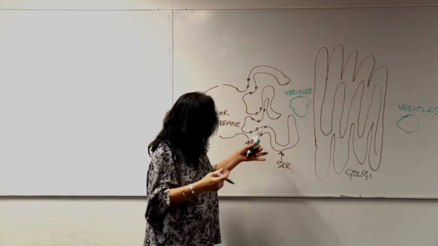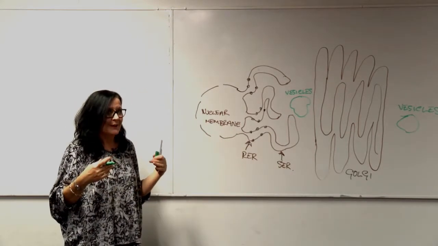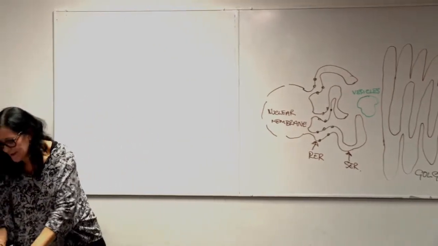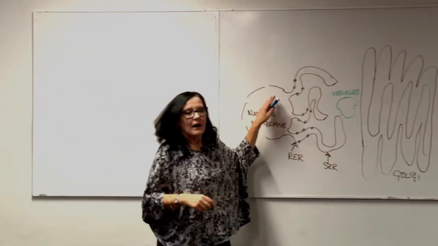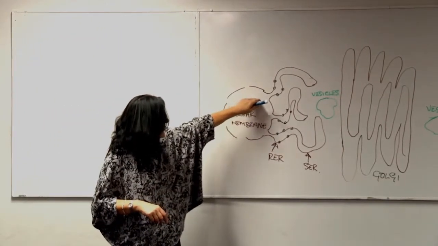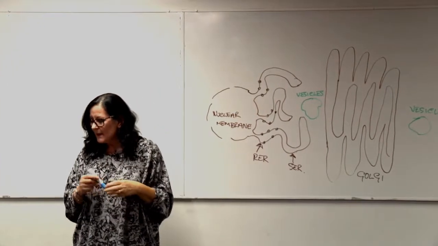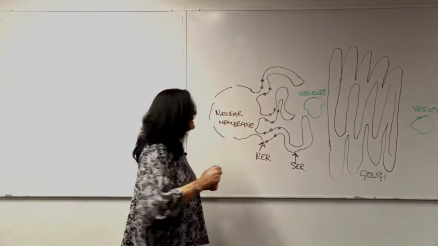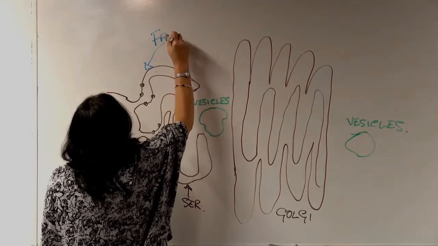Now these are all sort of membranous. They are also a bit of a commercial enterprise, if you like. Let's have a nice bright colour. Our nucleus and our endoplasmic reticulum is a bit like a factory that makes parts. So this is our factory.